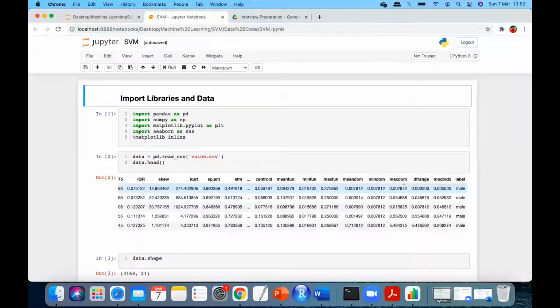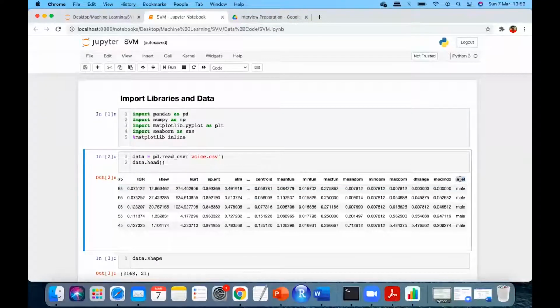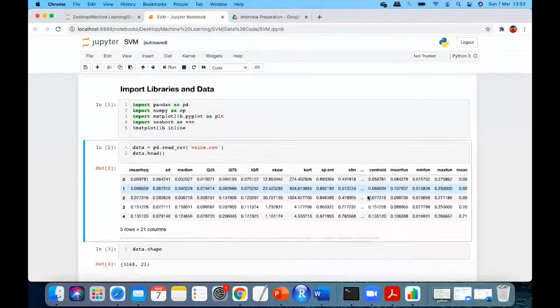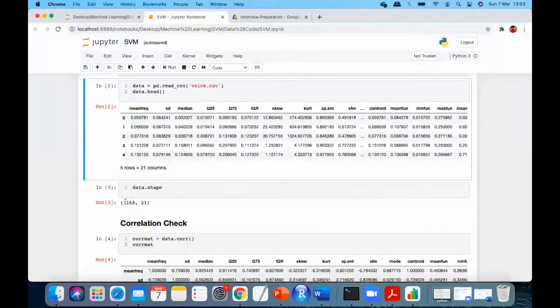This is how the variables look, a combination of the variables as well as their statistical values. And the label is male or female, which is the classification we had to do. You got the data set. What is the shape of the data set? We have more than 3000 rows and 21 columns, mostly in statistical form.